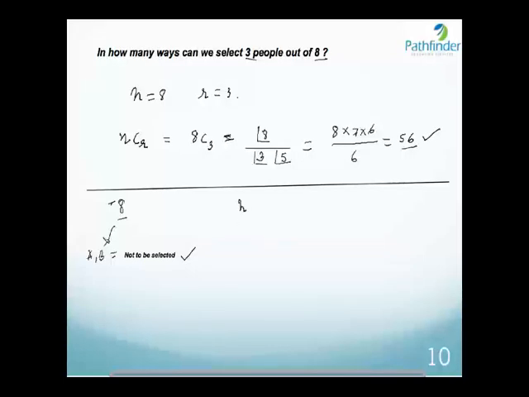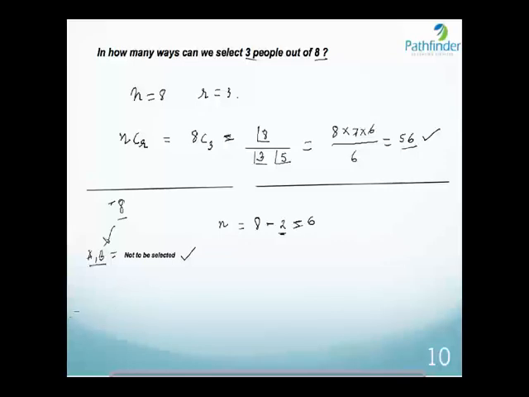N now would become 8 minus those people, or minus the number of those people we cannot select. So n is equal to 8 minus 2, that is equal to 6. So effectively, if a few people cannot be selected, then the value of n will reduce by that number of people.